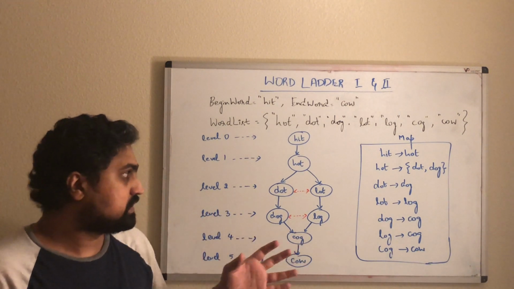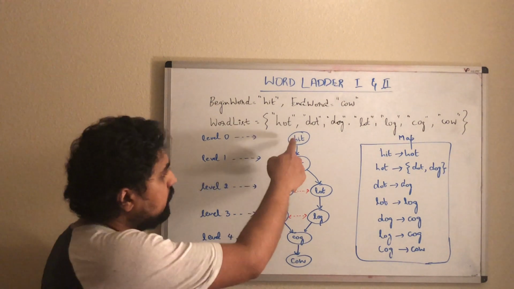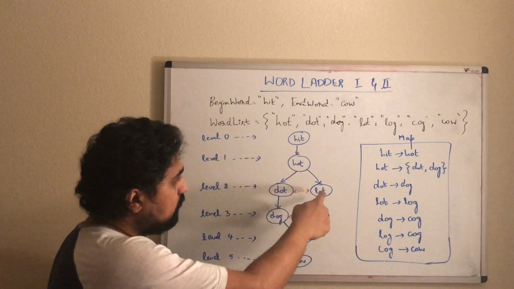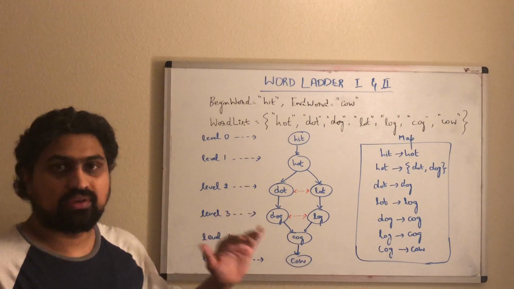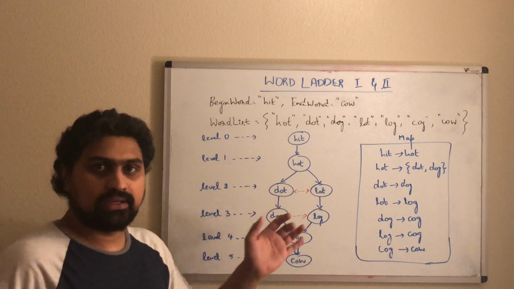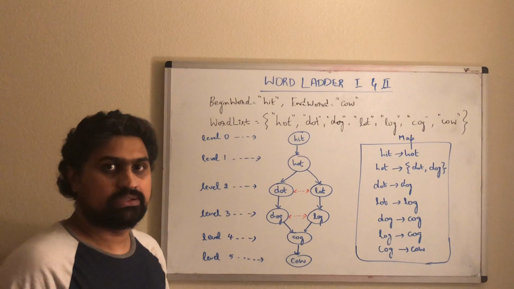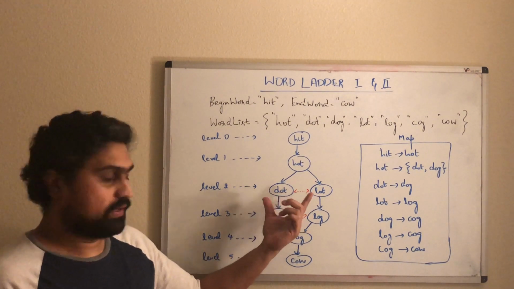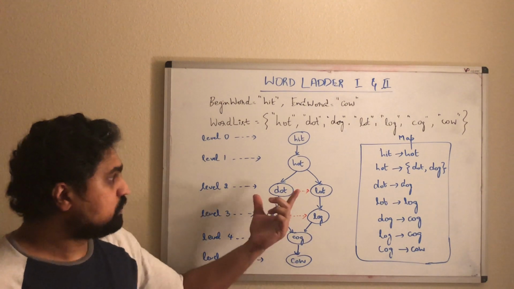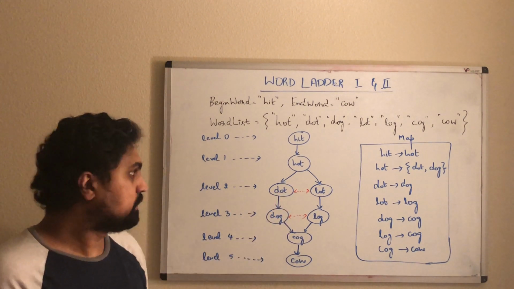The other transformation sequences that are possible are hit to hot, hot to dot, dot to lot, lot to log, log to cog, and cog to cow. Now the transformations at the same level increase the length of the transformation sequence. And also it introduces a cycle here if you look at this graph. So we shall ignore all such transformations.